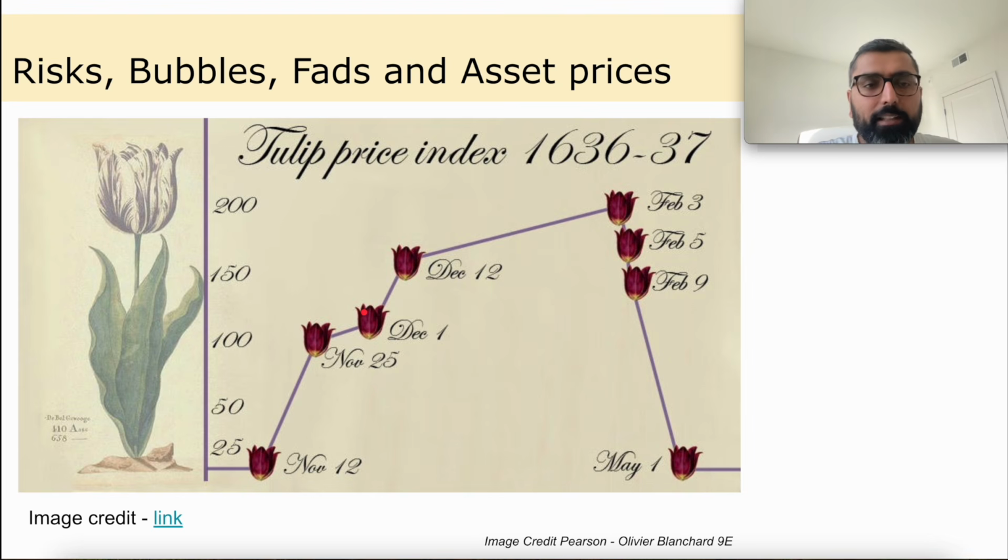That is not it. There are various phases in which stock prices could change irrationally. In this case, an example of an asset, tulip bulbs, were traded.